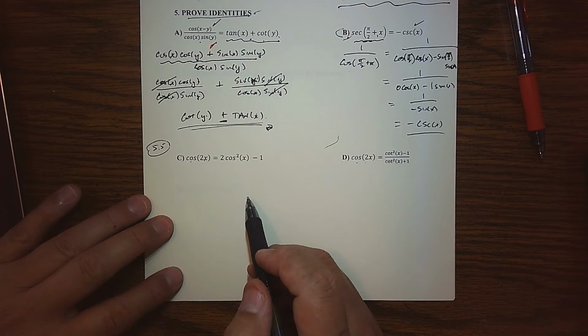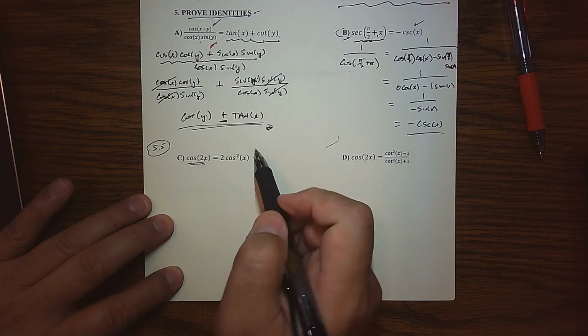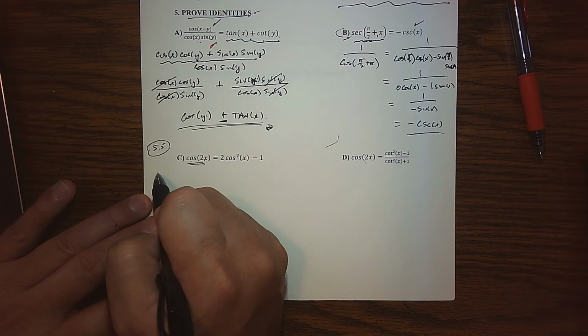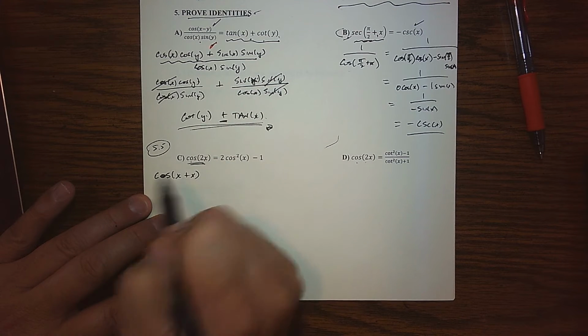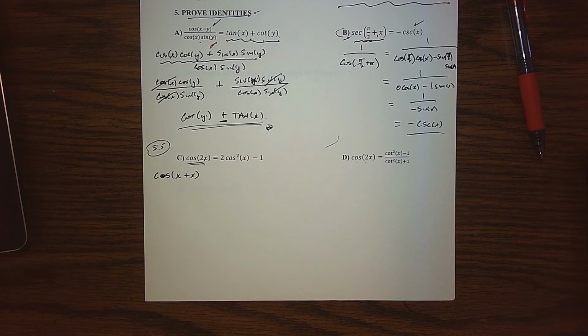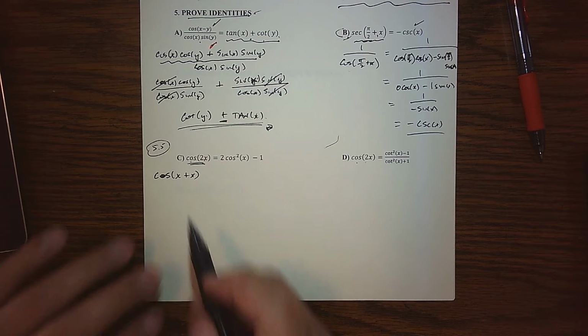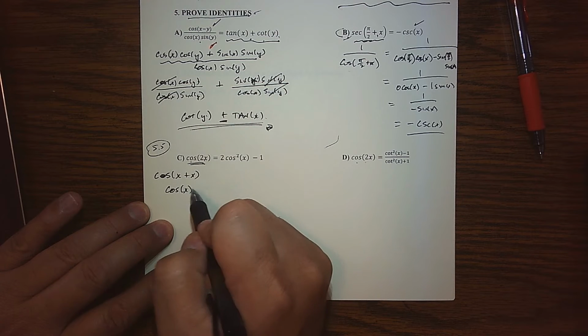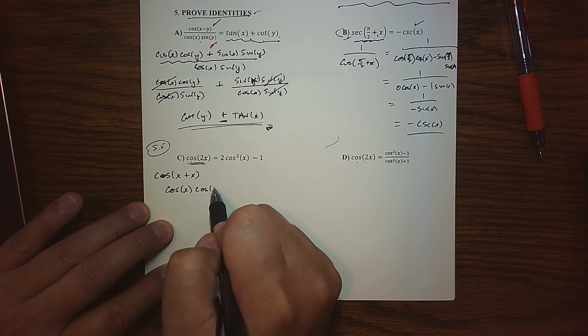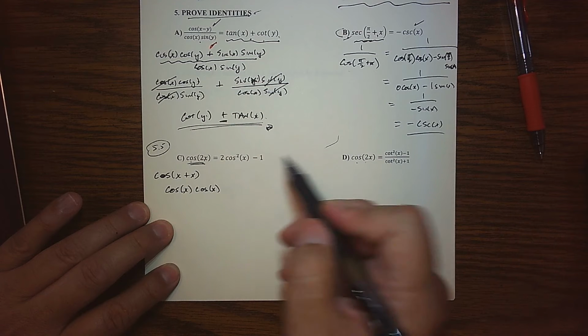So how do we begin something like this? Well, why don't we begin with the cosine of 2x here and rewrite that as the cosine of x plus x, because x plus x is 2x. That helps me out here because this is now the cosine of a sum. So using our identity, it's the cosine of the first times the cosine of the second.